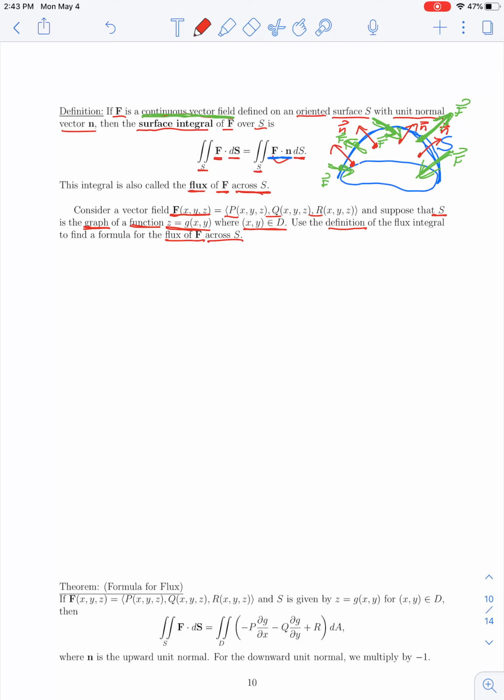So one way that we can proceed here is by thinking about our surface as a level surface. So let's start by saying that our surface S is a level surface of some function f, which we could describe as having the form f of x, y, and z is equal to z minus g of x and y.